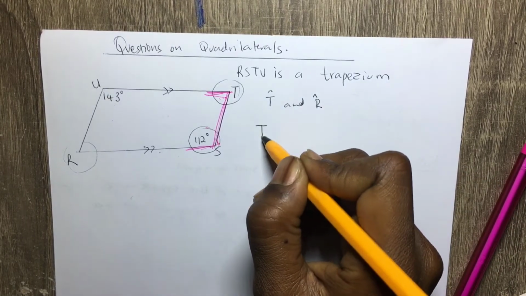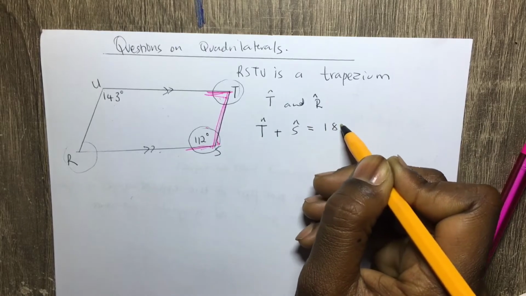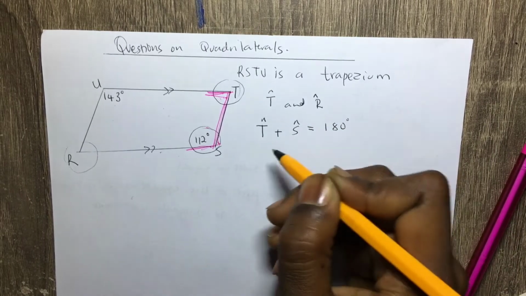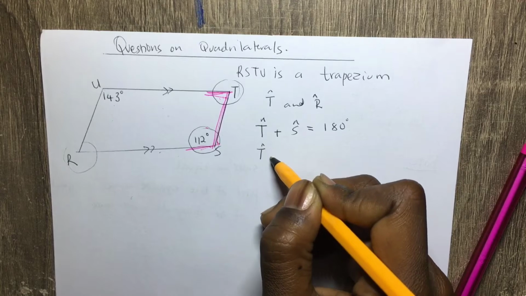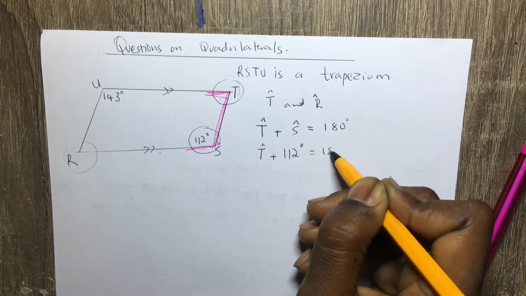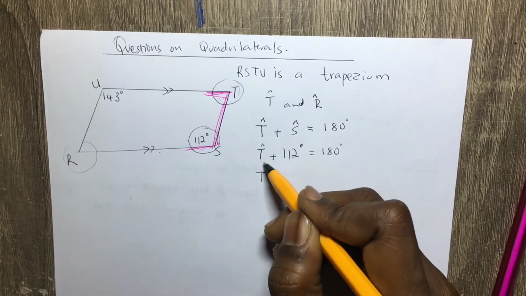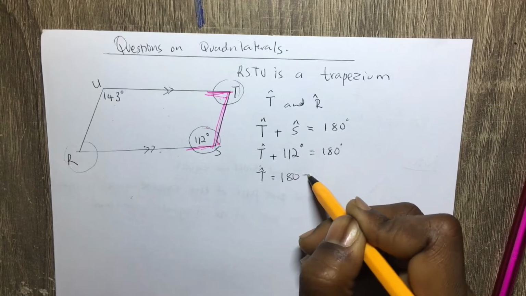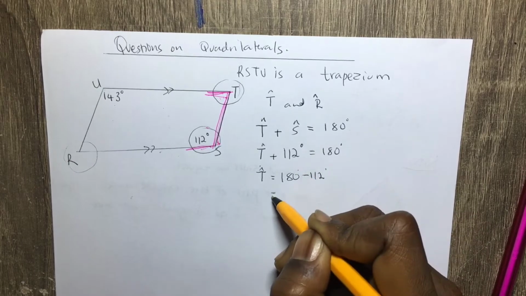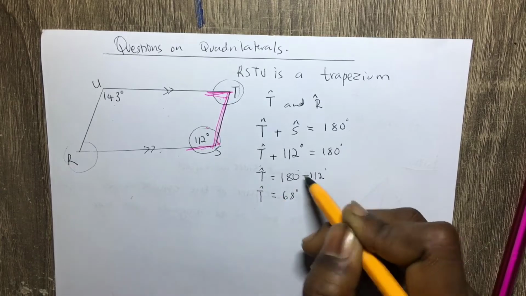So angle T plus angle S must equal 180. Angle S is given as 112 degrees, so moving it to the other side, 180 minus 112 gives 68 degrees.